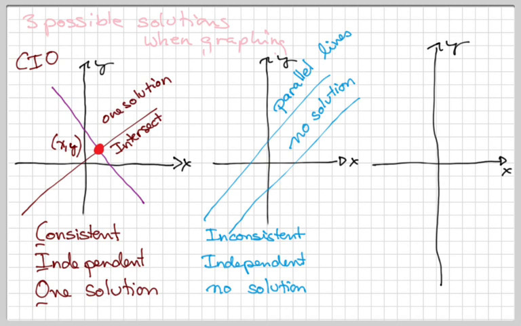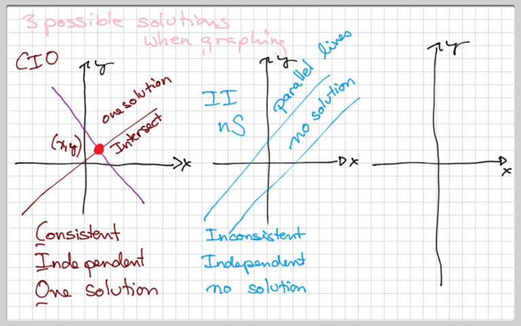You also may have to write down that it's an IINS. IINS stands for independent, inconsistent, no solution. And you can just write down IINS because I know what it means. And hopefully you too. What is CIO again? Consistent, independent, one solution. Okay.